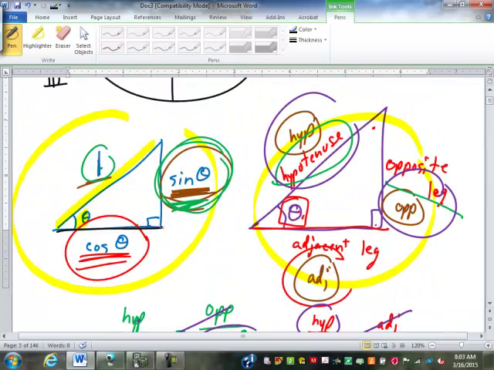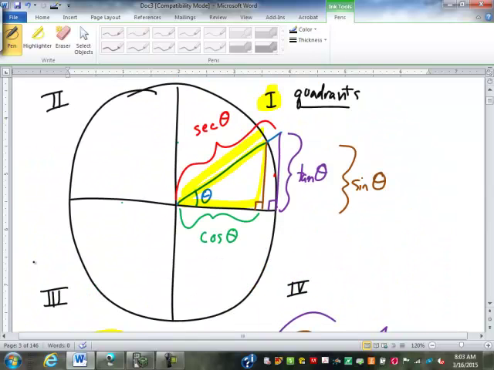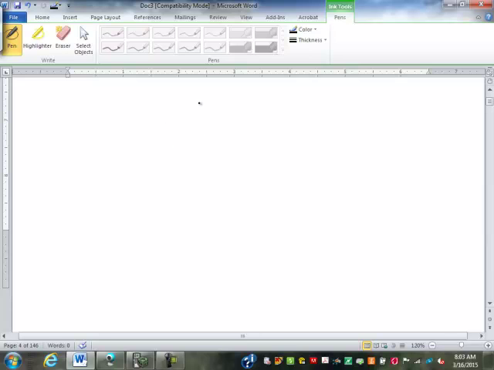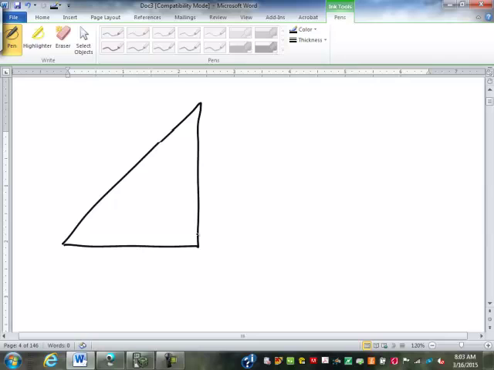Tangent does not appear on this triangle anywhere, does it? So to find the tangent, we're going to have to look at another triangle. Tangent is part of this larger triangle out here. Let me draw that one out now to deal with. This is the tangent.